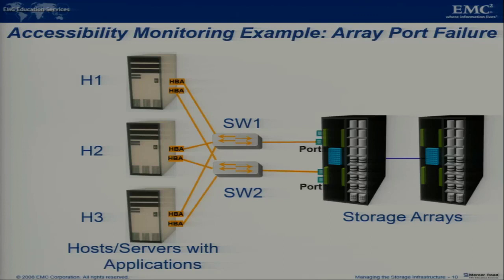All these servers are connected through 2 switches, SW1 and SW2, and they are connected to the storage arrays with the help of those ports. So if one of the storage array ports fails, all the storage volumes that were accessed through the switch connected to that port will become unavailable, like this. See, one port fails over here.